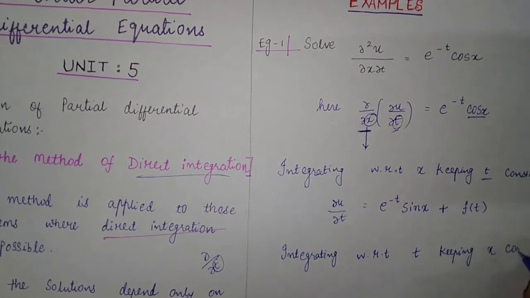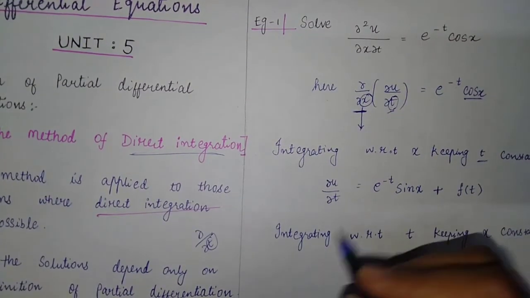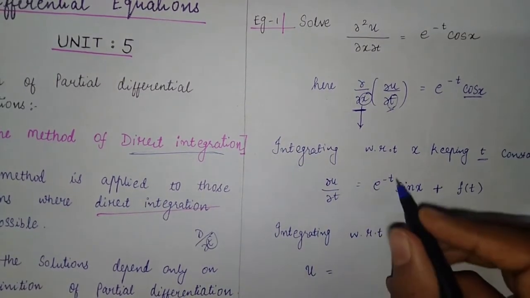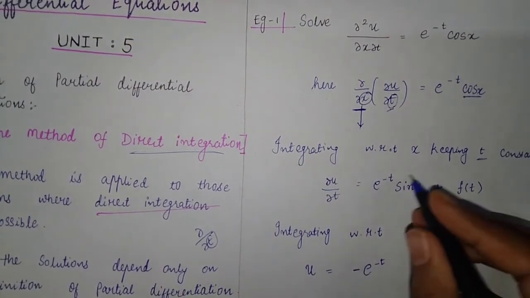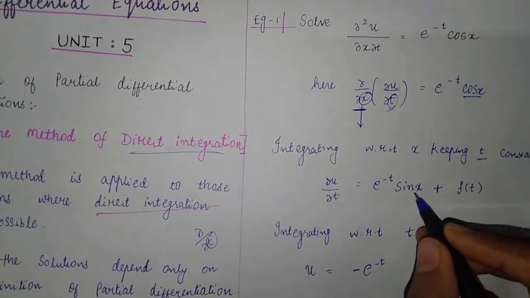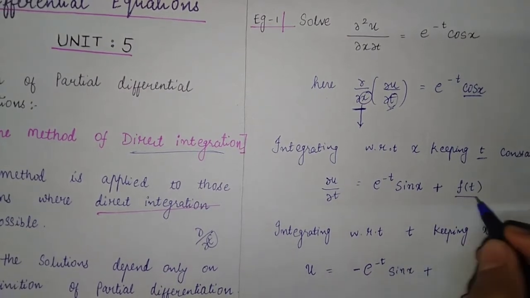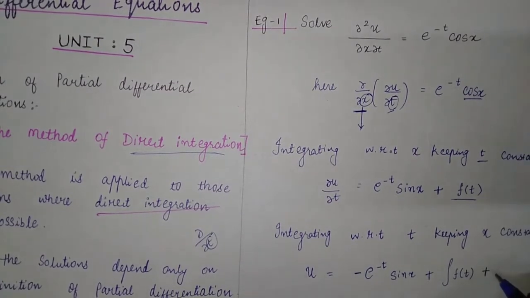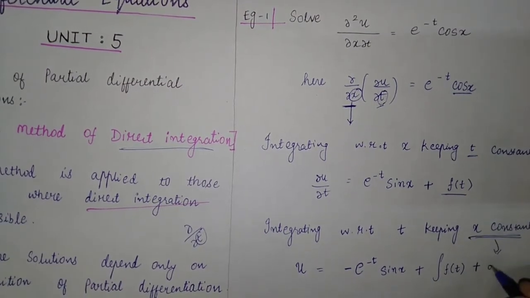So the integration of del u by del t will be u equal to e raised to minus t, whose integration is minus e raised to minus t, and sin x remains as it is, so minus e raised to minus t sin x, plus the integration of f of t, plus you have to add the constant. Here x is constant, so here we will add g of x.